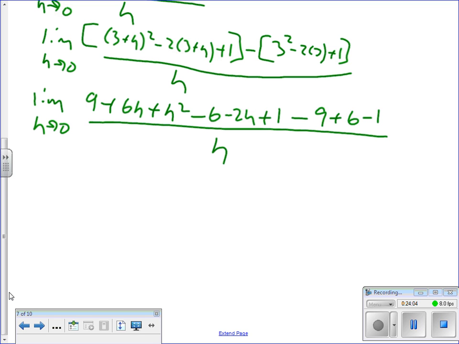And let's see. The 9 and the minus 9 cancel. The 6 and the negative 6 cancel. The 1 and the minus 1 cancel. Look at that.